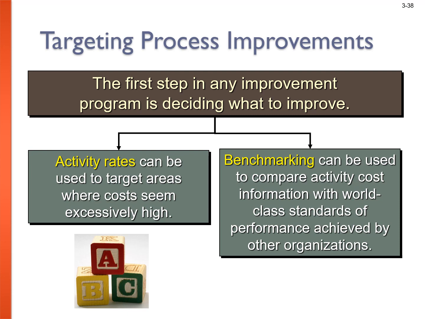And then we could use benchmarking. This can be used to compare activity cost information with world-class standards of performance achieved by other organizations. So we can use these types of activities to help us improve our program, our ABC costing system, and our processes.